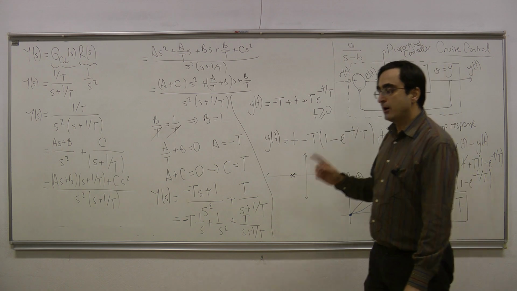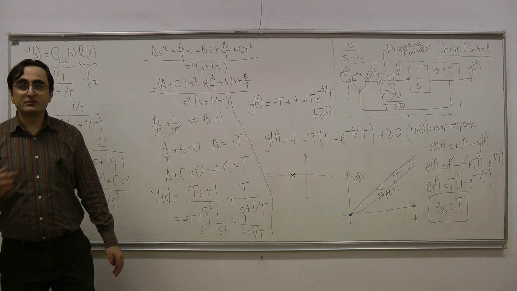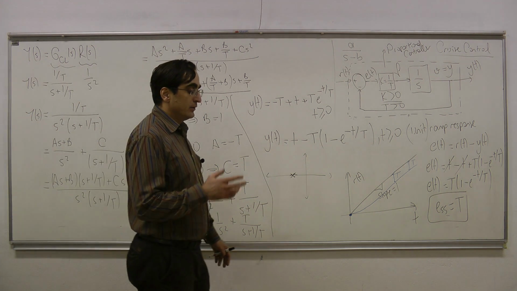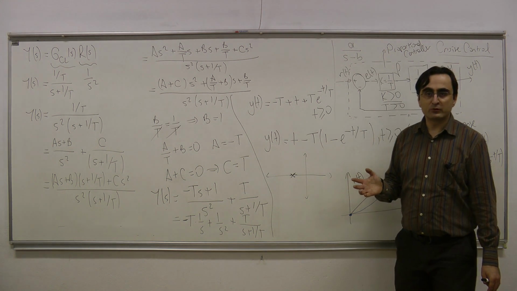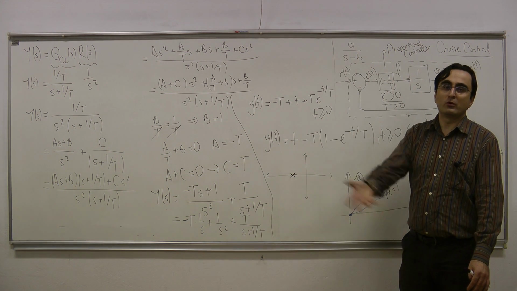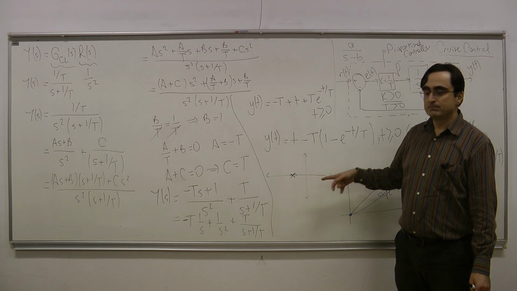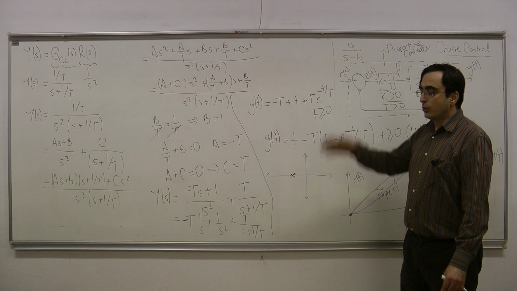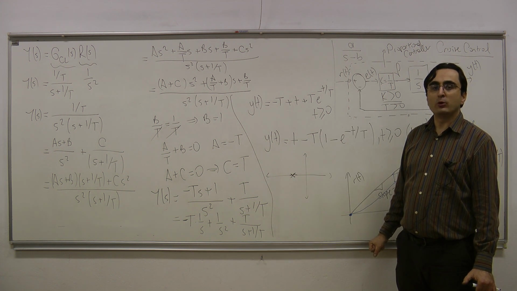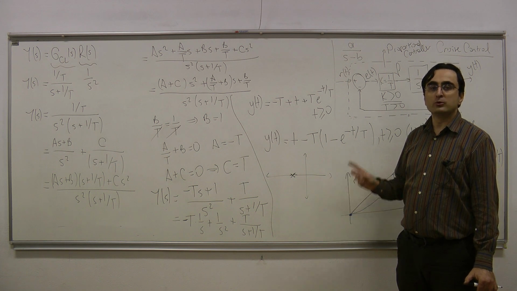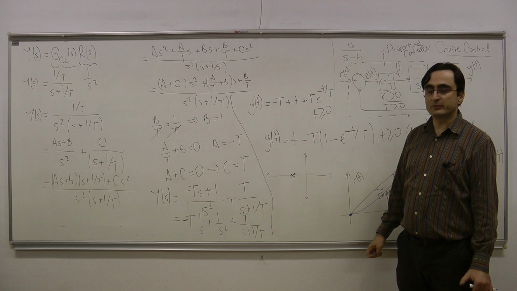So the good thing about a first order system is that it can never result in an oscillation in its step response or ramp response. We always see a convergence or a direct divergence if the poles are on the right half plane. Okay? The oscillatory behavior would only appear with complex poles, and complex poles would only appear in second order or higher order systems.